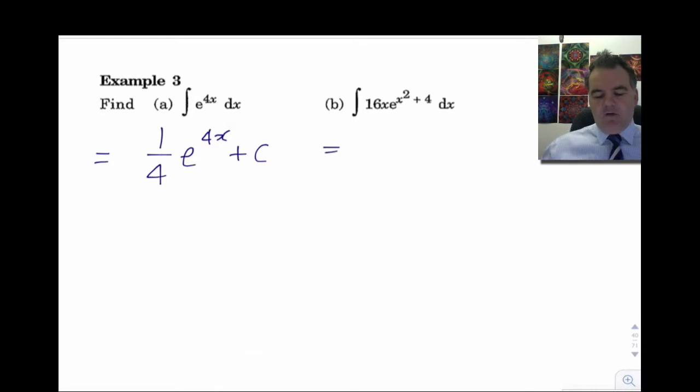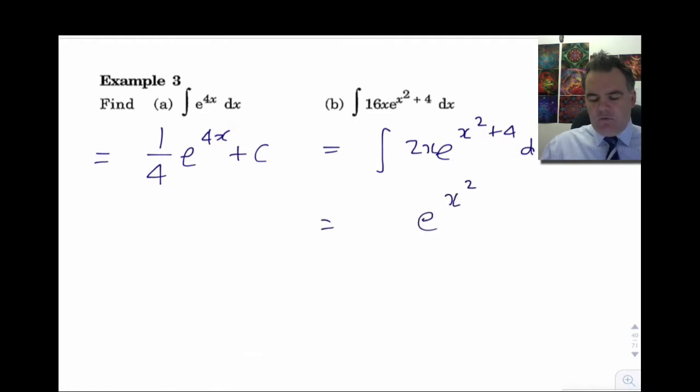Part B is one of those ones I said, if you can recognize that we want a function in the form the derivative times e to the original function. So if we had it in this form, then I know the integral would just be e to the x squared plus 4 plus c.